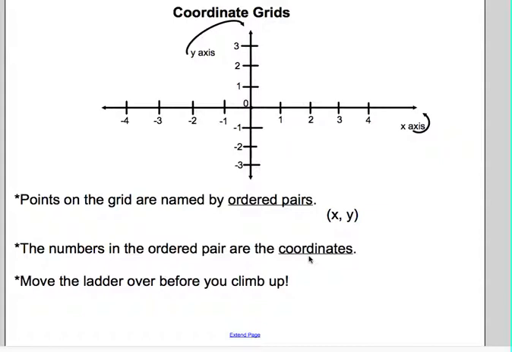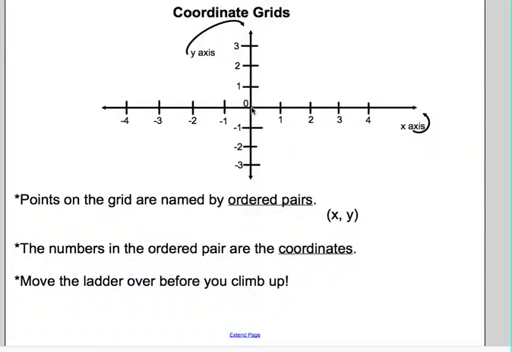Okay, so you had different ordered pairs in your math message. The first ordered pair was 4, 0. So the coordinates were 4 and 0. Your x coordinate was 4, your y coordinate was 0. Now, really the most trouble that 5th graders have with working with coordinate grids is just remembering which direction to go first.